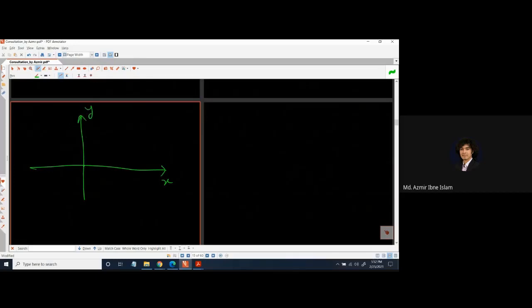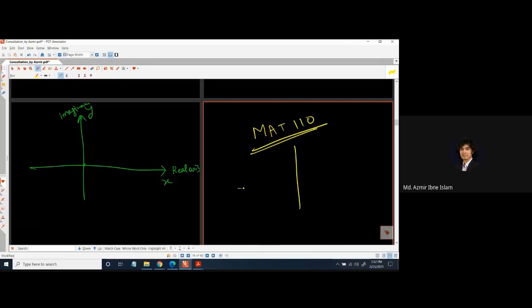But the only difference here is that the x-axis is called the real axis and the y-axis is called the imaginary axis. Whenever you have learned the contents from Math 110, you know that both x-axis and y-axis denote real numbers.